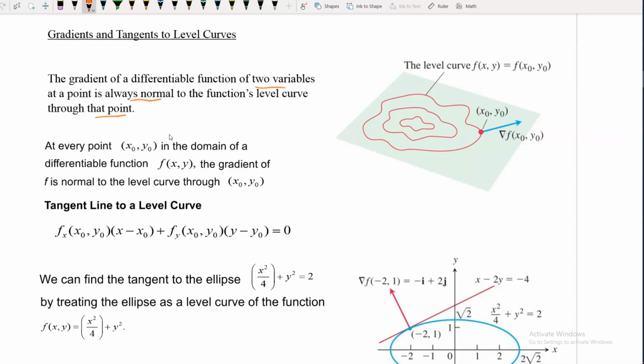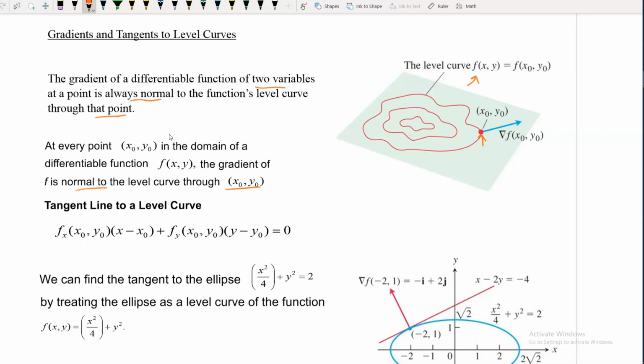At every point (x naught, y naught) in the domain of a differentiable function f of x, y, the gradient of f is normal to the level curve through this point. Here we have our function f of x, y equal to f of x naught, y naught.